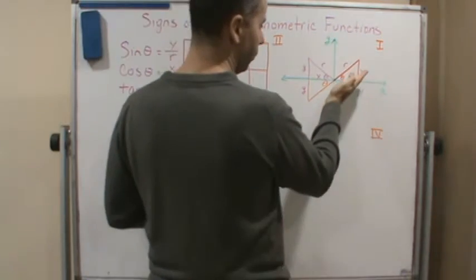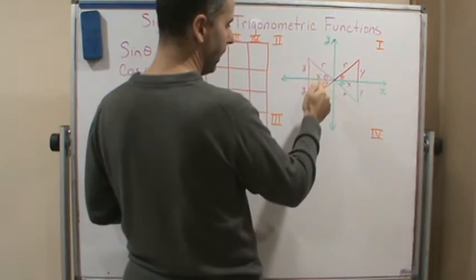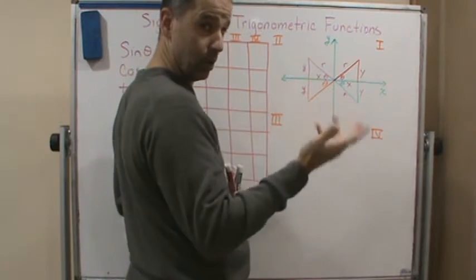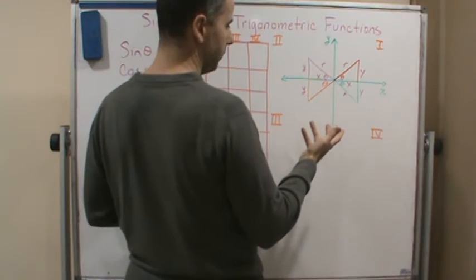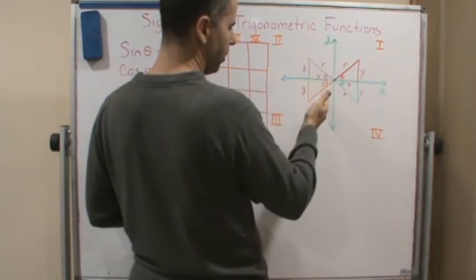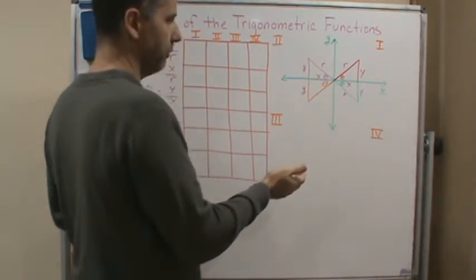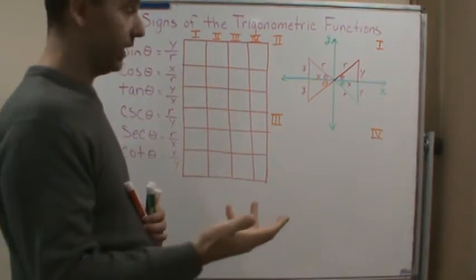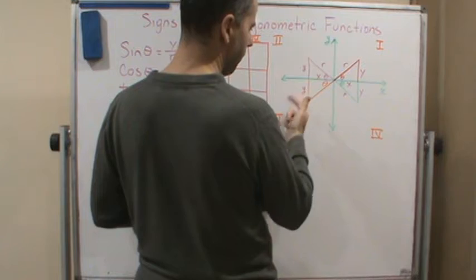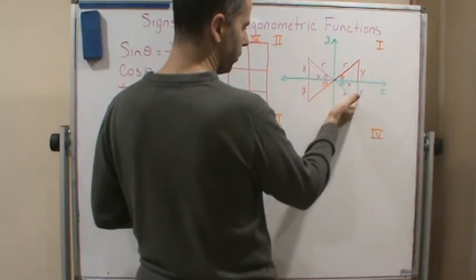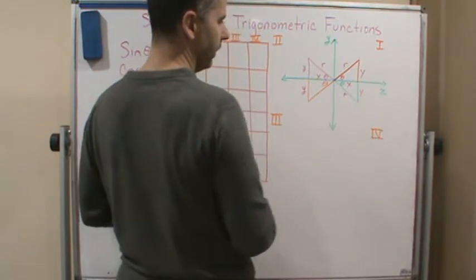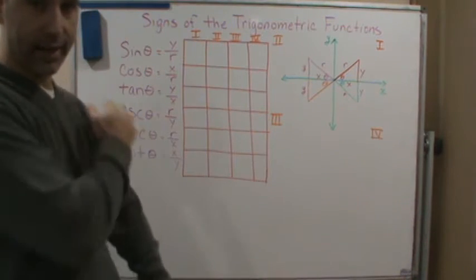If you end up in the second quadrant, x becomes negative and y stays positive. If you go to the third quadrant, both x and y become negative. And if you end up in the fourth quadrant, x is positive and y is negative.